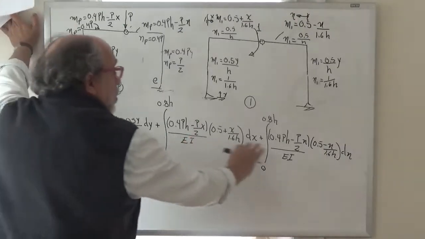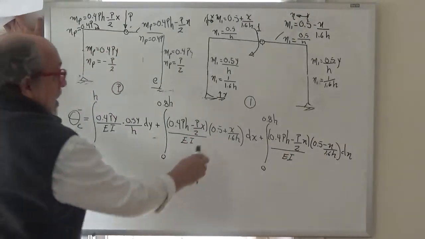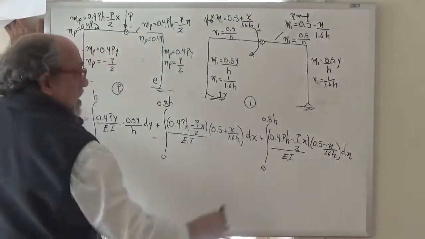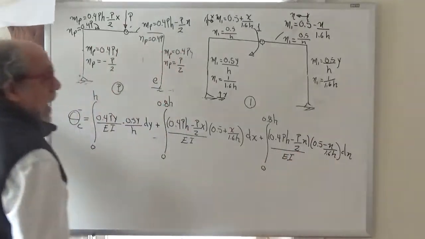Notice that these two integrals are not the same. This is 0.5 plus x, this is 0.5 minus n.